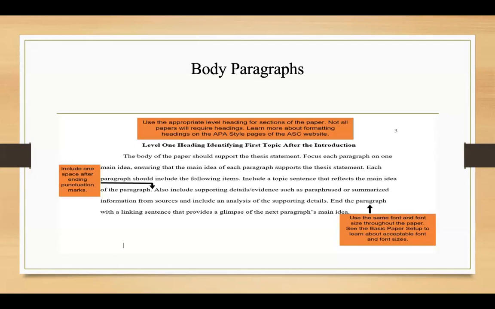Or the last sentence of that first paragraph will be about university students.